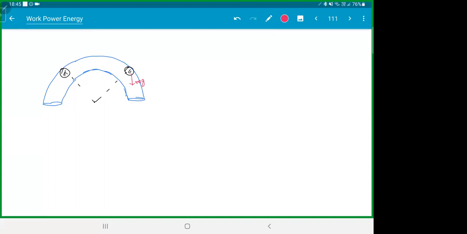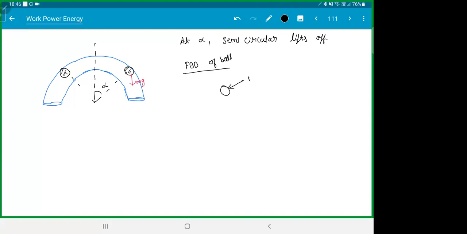Let's see. So yeah. Let's draw the FBD of each one. Let's say this angle is alpha, when the semicircular thing lifts off. So let's draw the FBD of the ball. On the ball, normal will be this way because it's touching the outer surface.